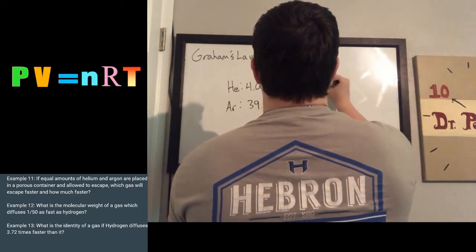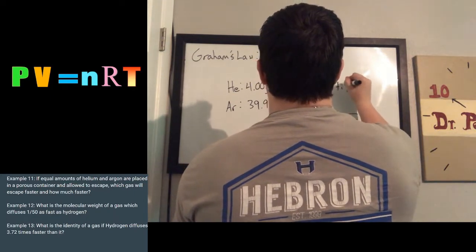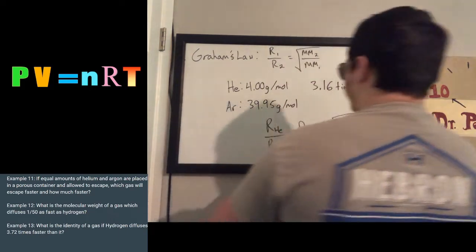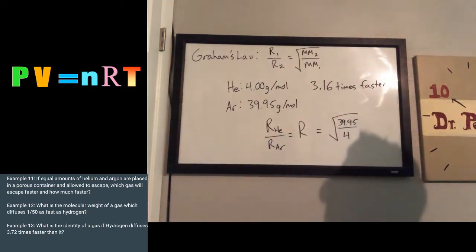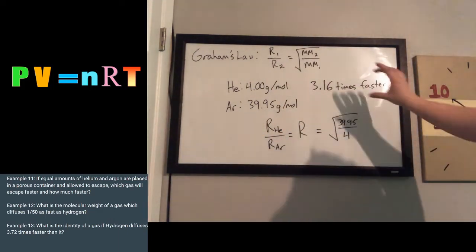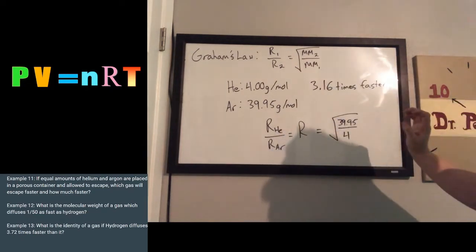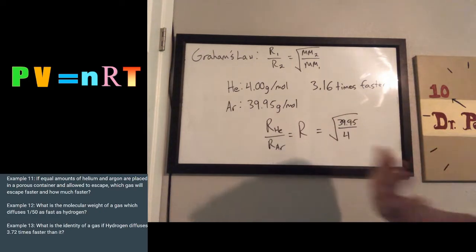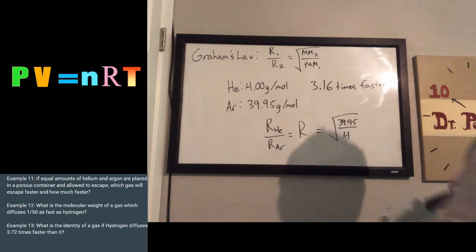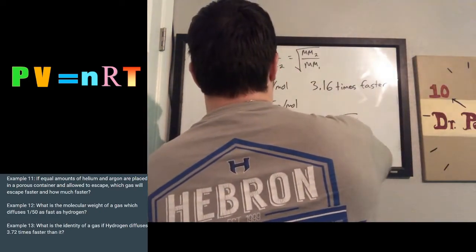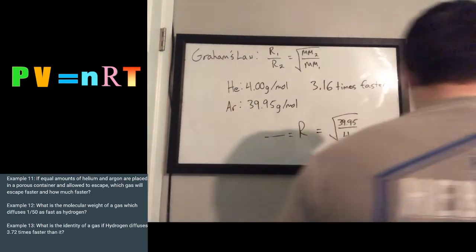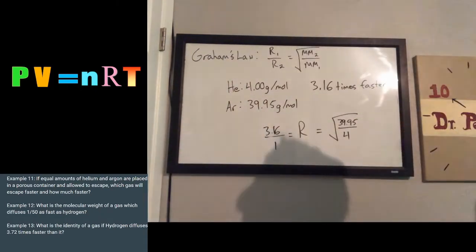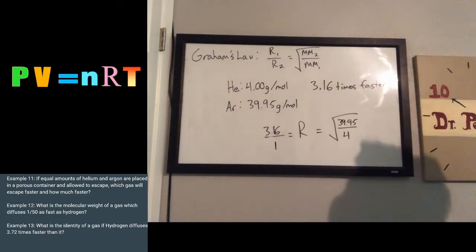Helium is going to escape 3.16 times faster, like so. Once again, we can just leave this number by itself, because if helium is escaping 3.16 times faster than argon, then essentially the left side of your equation is 3.16 over 1, which just simplifies to 3.16.